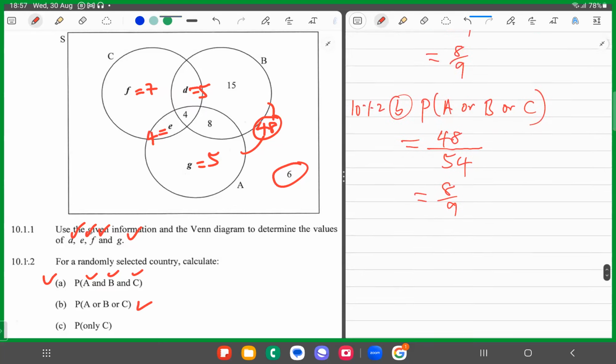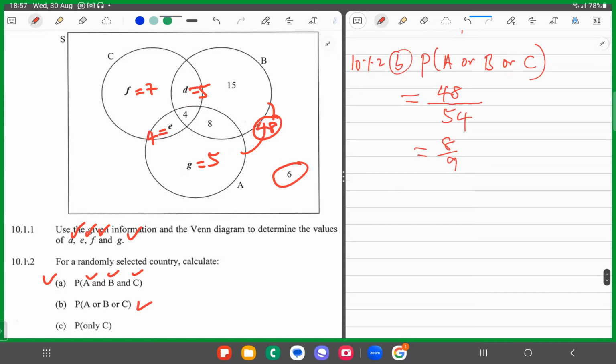Okay, next we enjoy our probability calculations there. 10.1.2, but we're looking at part C, only part C. The probability of only C. What is the probability of only C?